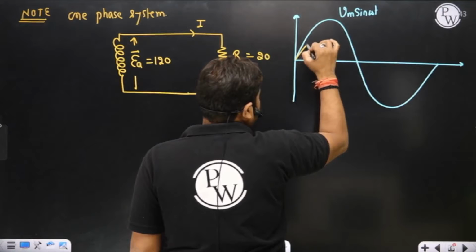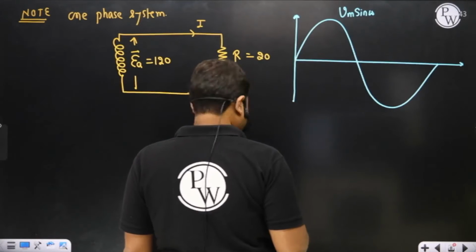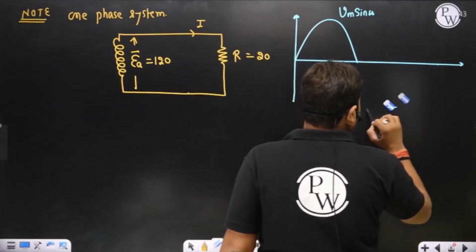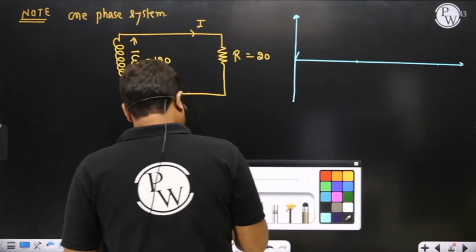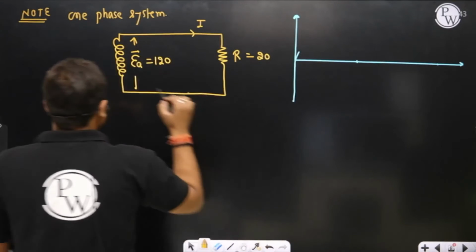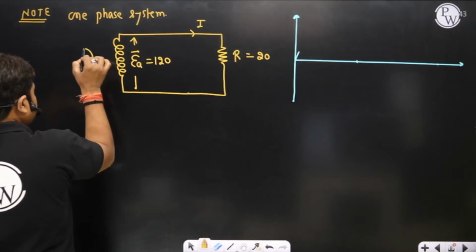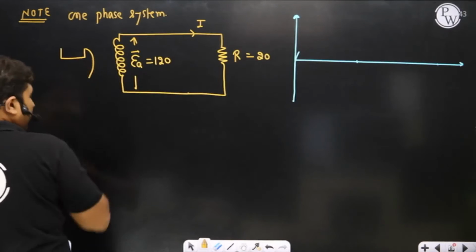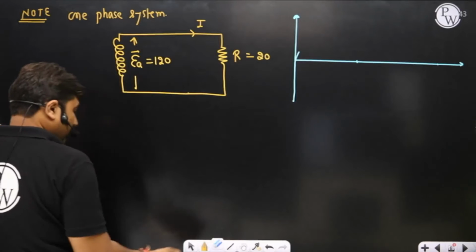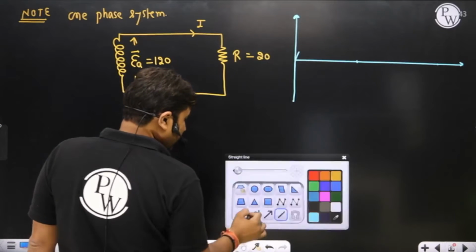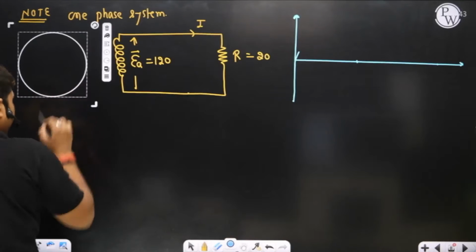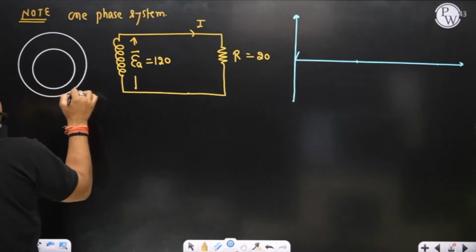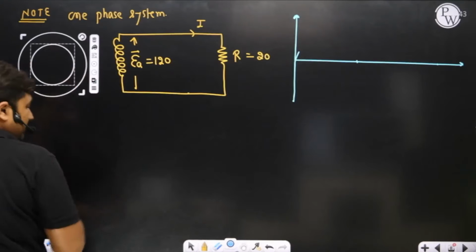Let me represent a sinusoidal waveform with a rotor also. Let us suppose we have a rotor here. I have a single-phase generator, and I'm comparing it with a two-phase generator and a three-phase generator, to understand why we are interested in three-phase instead of single-phase or two-phase systems.